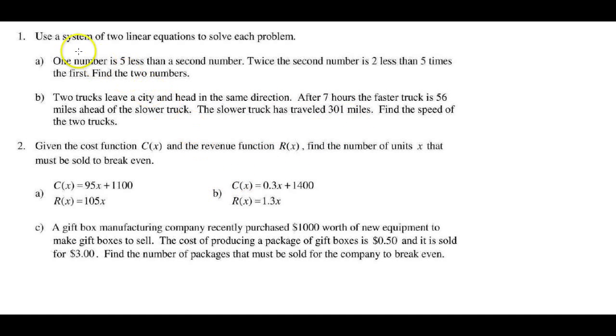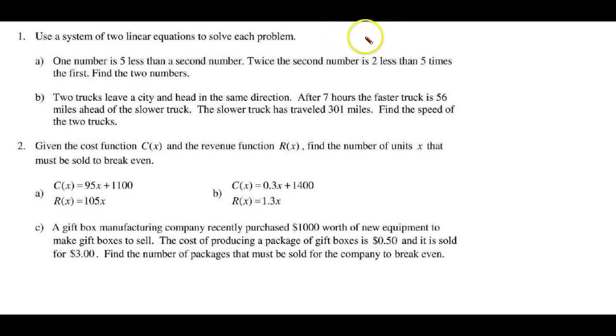Now, part of it, as we mentioned in chapter 2, is to read the questions over very carefully. And you can read it to yourself as I read it aloud. One number is 5 less than a second number.